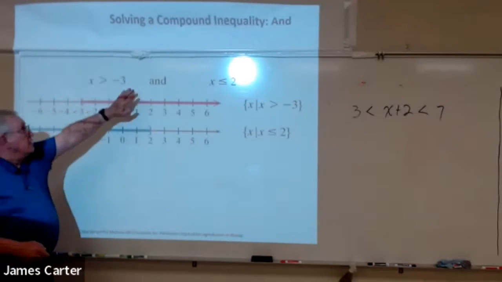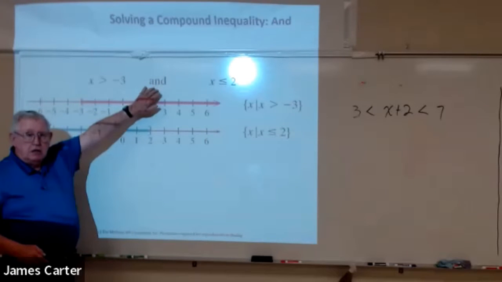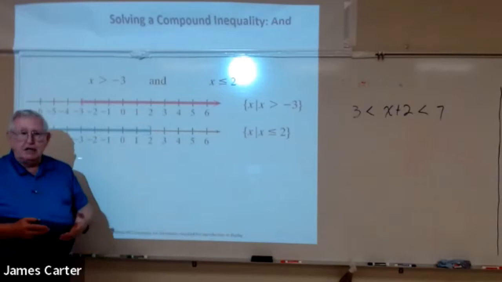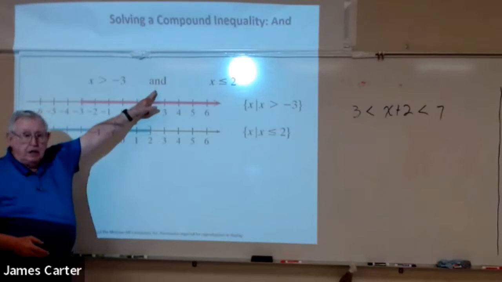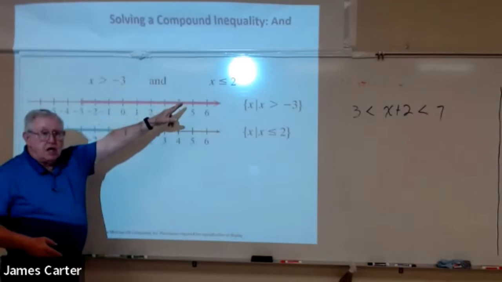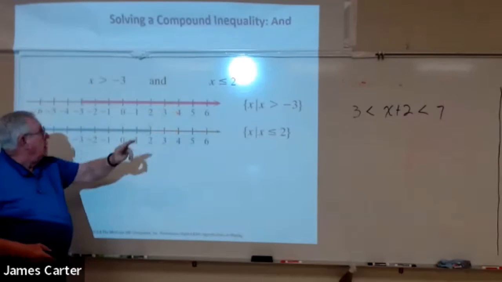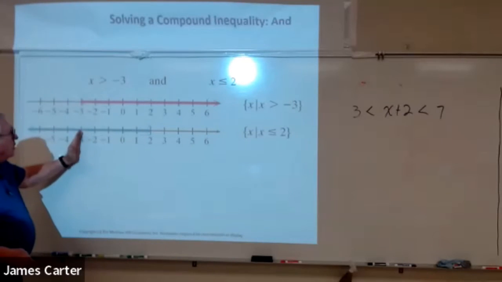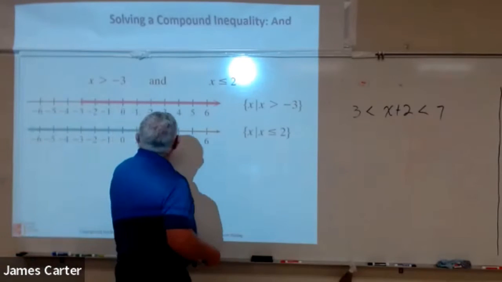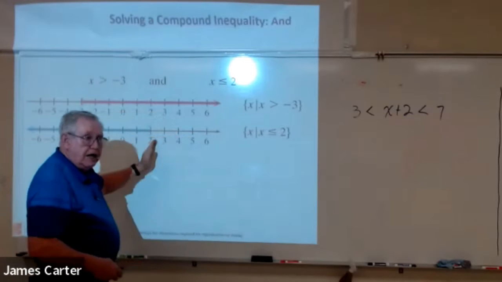Because this says that that is an inclusion, anything shared in common, right? It's got to be in this one and it's got to be in that one. Then that means we're only going to have this region from here to there as our answer.